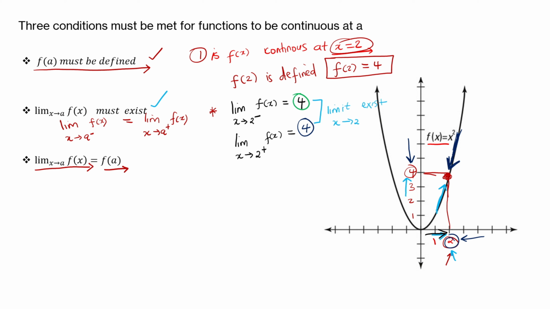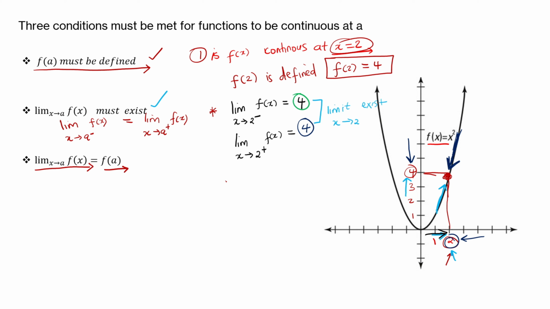And now when you are exactly at x equal to 2, what is the value of y? The value of y is equal to 4. So for the third condition, the limit as x approaches a must be equal to the y value that you get when you are at a exactly.